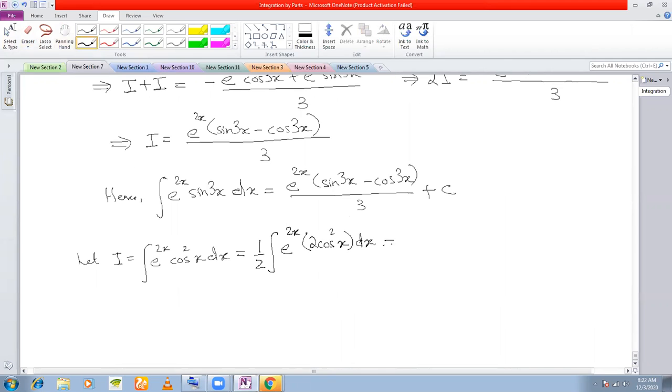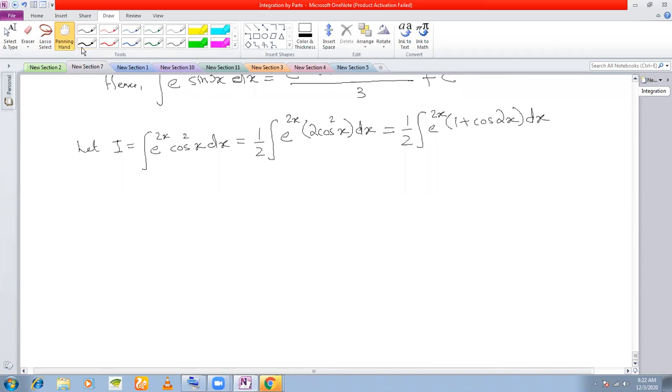And you know that 2 cos square theta is 1 plus cos 2 theta, right?